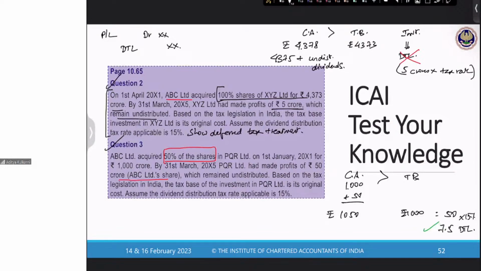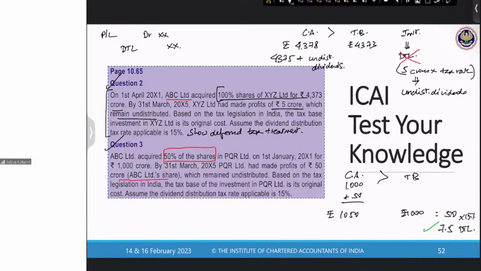Carrying amount as tax base is 4,373. So the difference of 5 is because of undistributed dividends, which is lying with XYZ Limited in the first case, PQR in the second case.